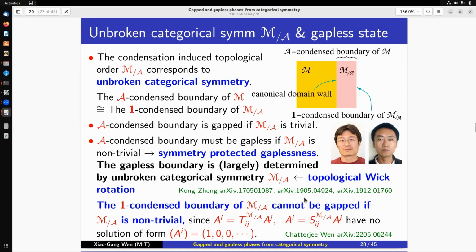So therefore, this topological Wick rotation and this one condensed boundary are basically the same thing. Basically, we say that the one condensed boundary is some canonical boundary which is gapless. I think they have this topological Wick rotation motivated from mathematical considerations, which I do not understand. So I couldn't reproduce their argument, but I do believe the result they have.